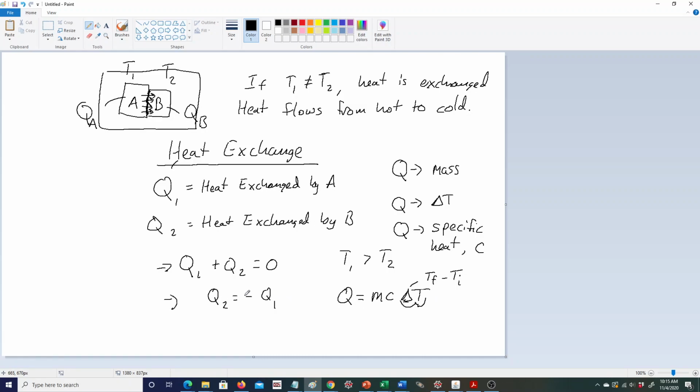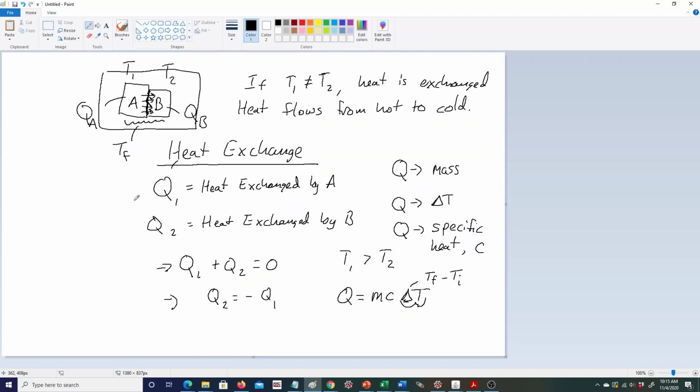Both of these two objects start out at different temperatures, T1 and T2, and they're eventually going to come to an equilibrium temperature, TF, once the system has stabilized.